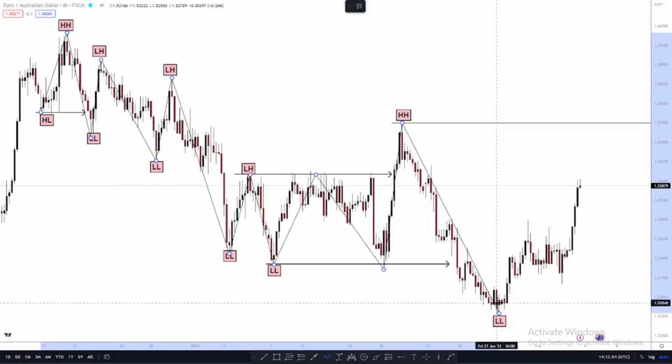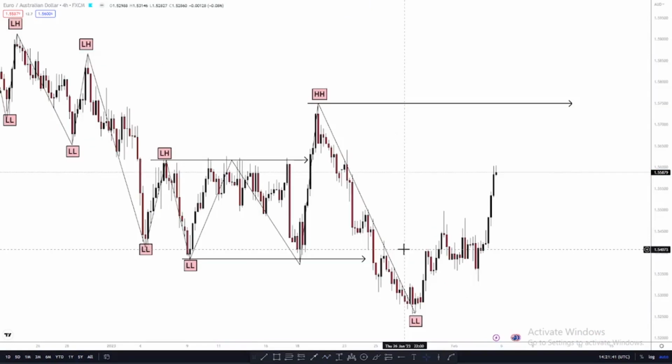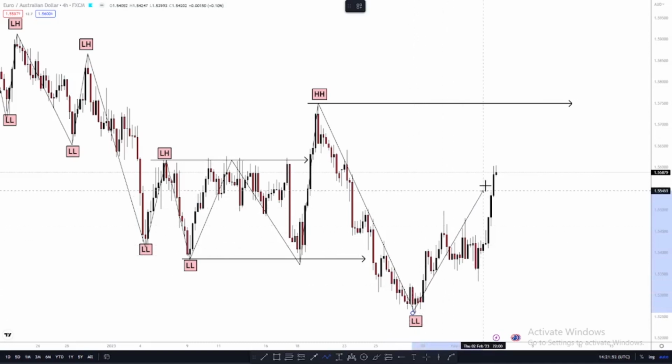Do you get me? So at this point, we would say we are still bearish. So after price creates this lower low, alright, what are we expecting price to do next? We're expecting price to retrace back a little bit and create what?